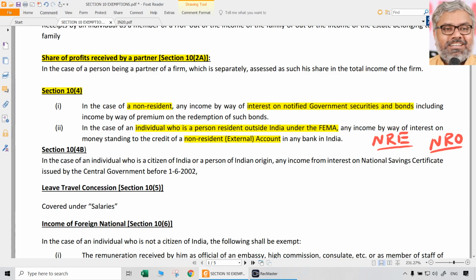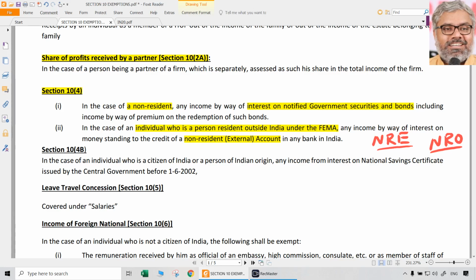Maybe he has given it on rent. The tenants might deposit that rent every month into his NRO account. So that NRO account is an operational account. Deposits can be made within India also. Deposits need not be made from outside India, because for that purpose anyway there is an NRE account.